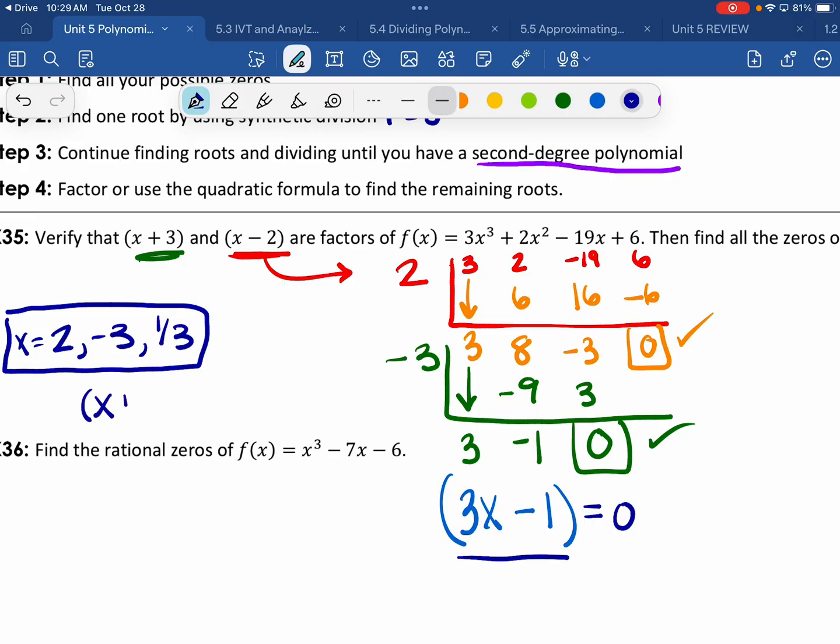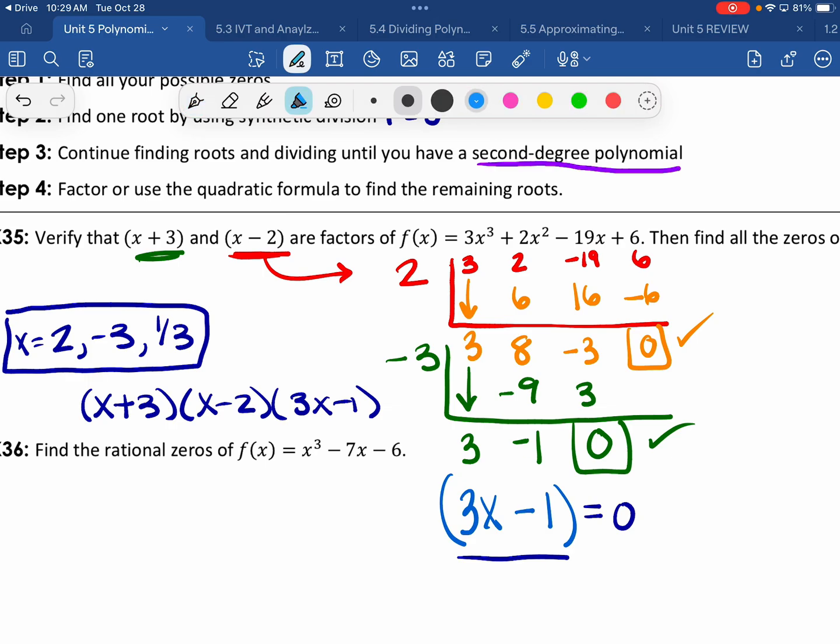So this polynomial has x plus 3, x minus 2, and 3x minus 1 all as factors. So if you were to multiply all of those back out, you would end up with this polynomial right here.